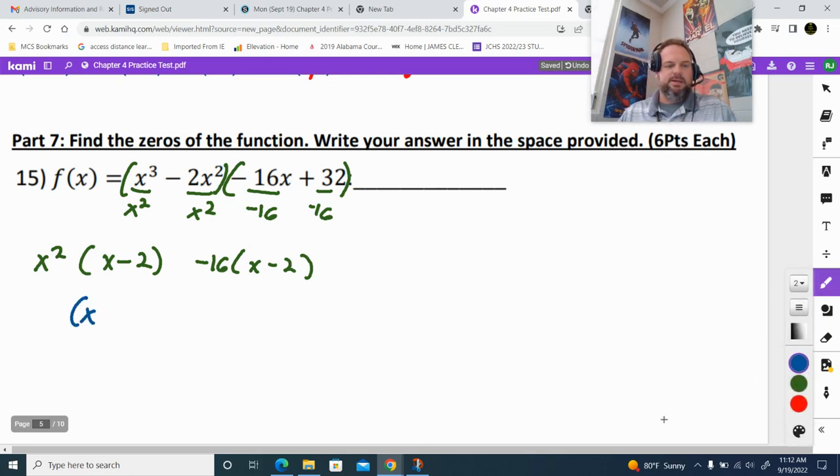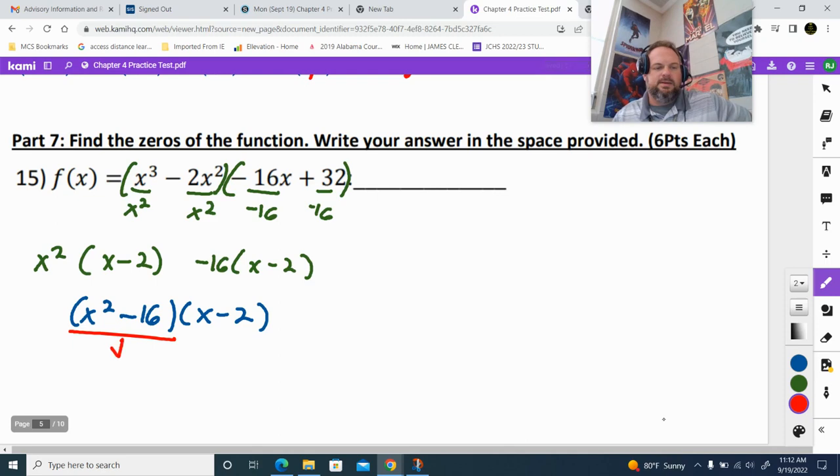So this is x squared minus 16, x minus 2. Now, I can actually factor this even more right here, because this is the difference of two squares. And if you did it with the box method, you're going to get the same thing. It didn't matter.